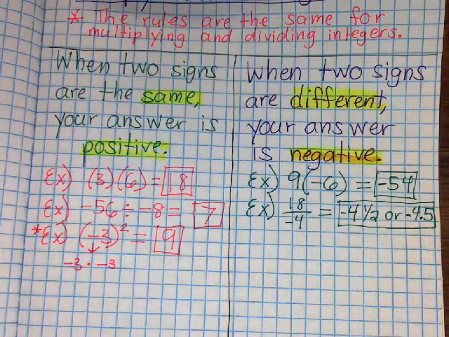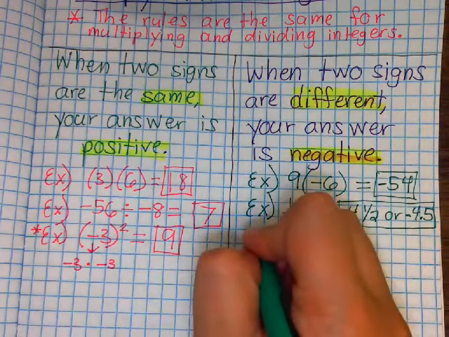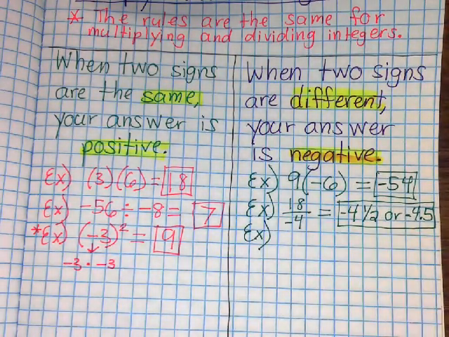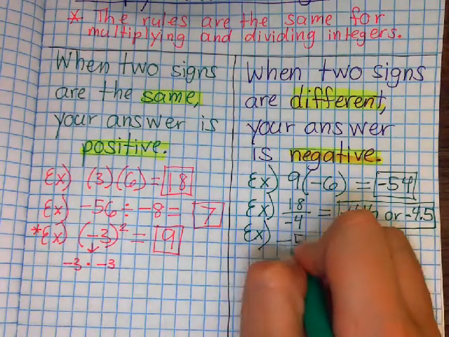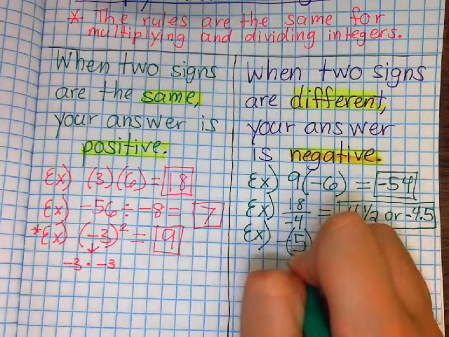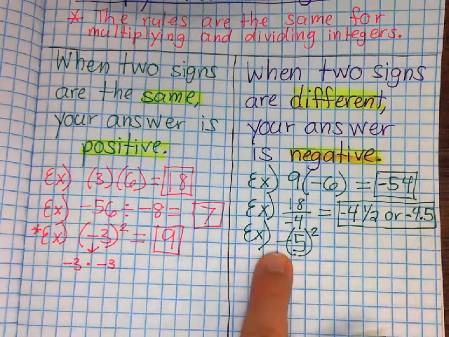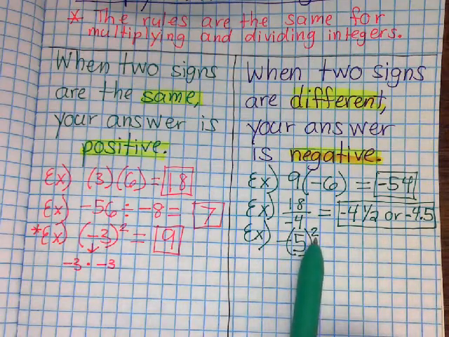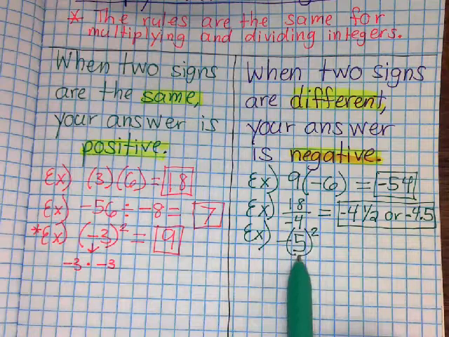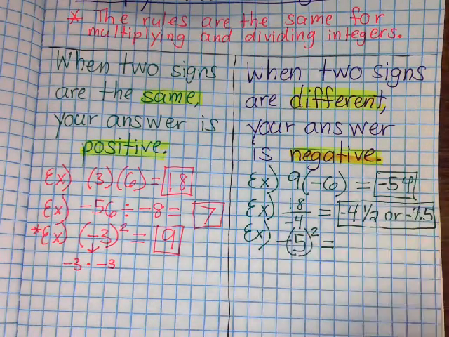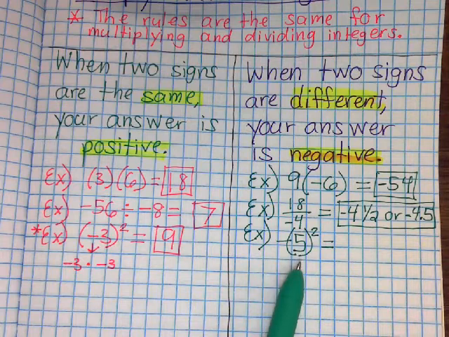Now the other example has to go on my different sign side. If I have negative 5 squared, but my negative is not in parentheses. My negative is outside of my parentheses. So that means that my exponent of 2 is only attached to my 5.